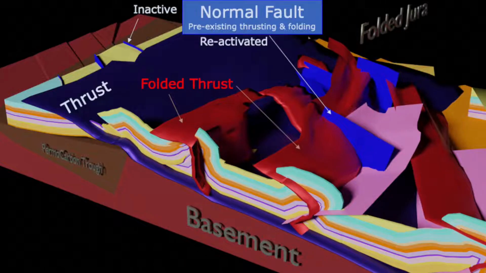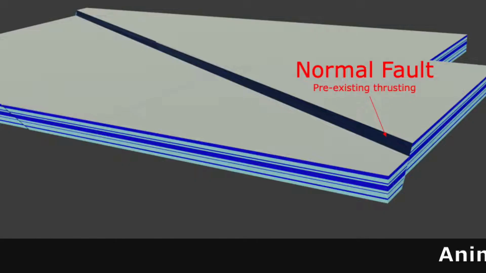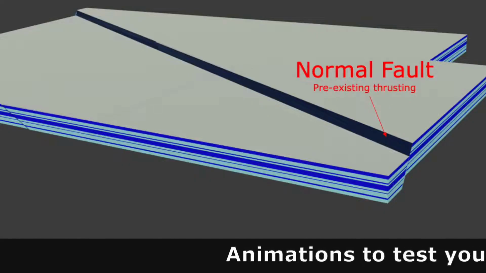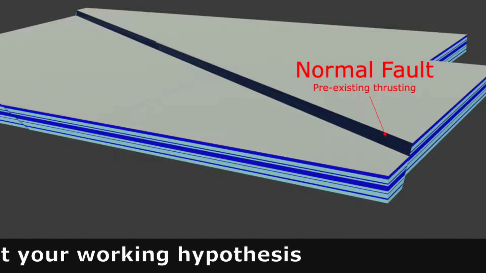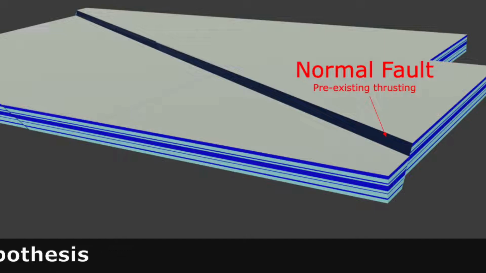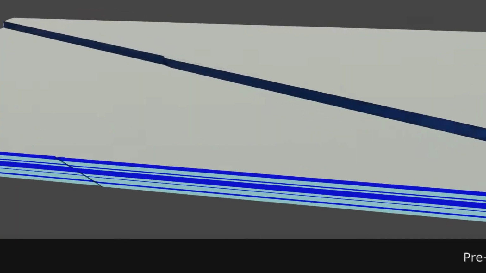In this thrust and fold belt you can find thrusts, fold thrusts and normal folds that pre-exist the compression of folding and thrusting. During thrusting and folding the normal folds remain inactive or were reactivated. To reconstruct the different folds and thrust, we will use simple animation of possible deformation processes to model the geometric end results.